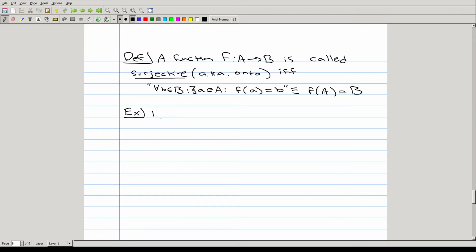So just to show some examples, the factorial function is not surjective.